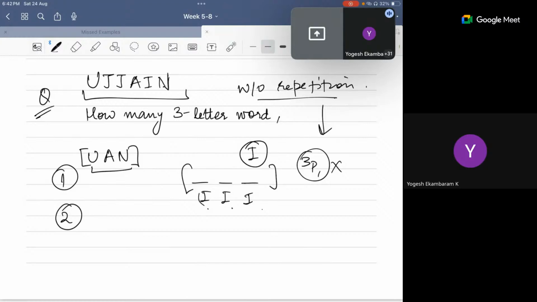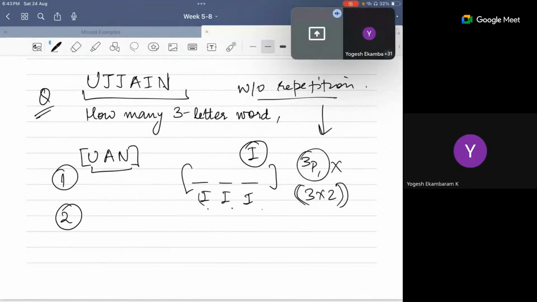We have three letters in hand: U, A, N. The second place can be filled with any one of these, so three ways. The third place can be filled in two ways because we are left with two letters. So 3 into 2, 6 ways.